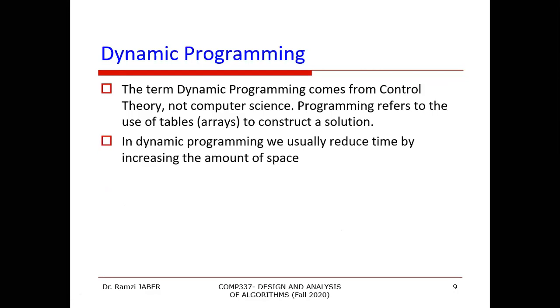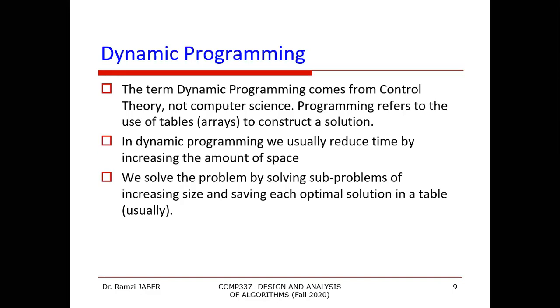In dynamic programming, we usually reduce time by increasing the amount of space. So here we use an amount of memory using arrays or tables, but we reduce the time complexity.